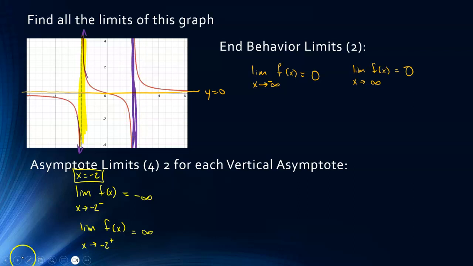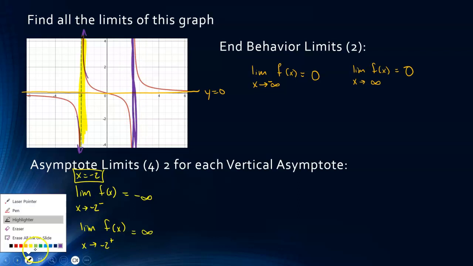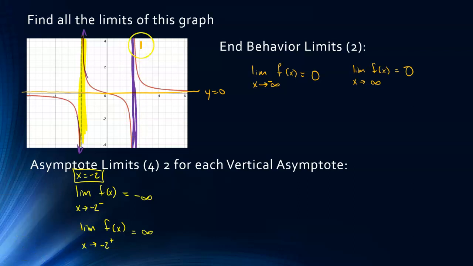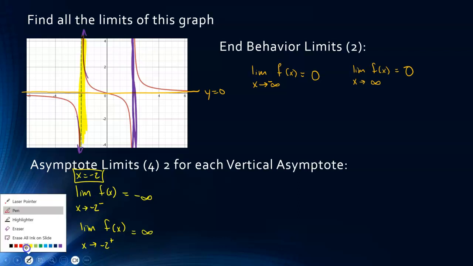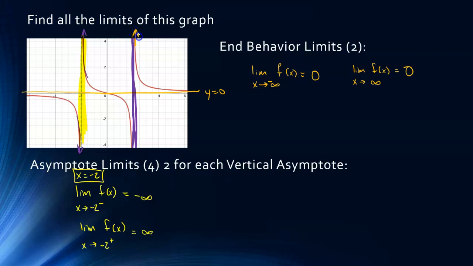Again, we have a left and right side. The right side of that vertical asymptote, the graph is going up. On the left side of that vertical asymptote, the graph is going down. Again, this is for the vertical asymptote at x equals 2.